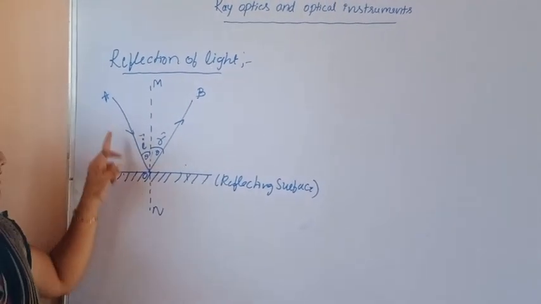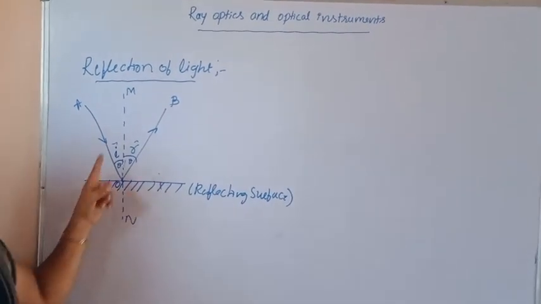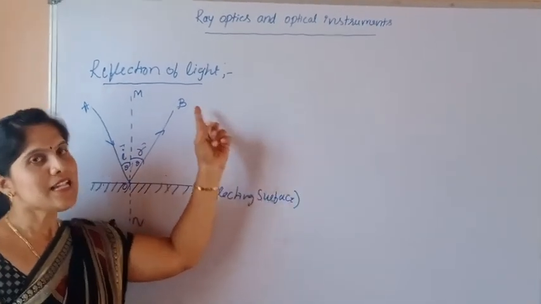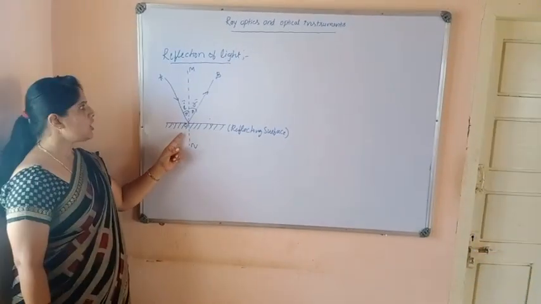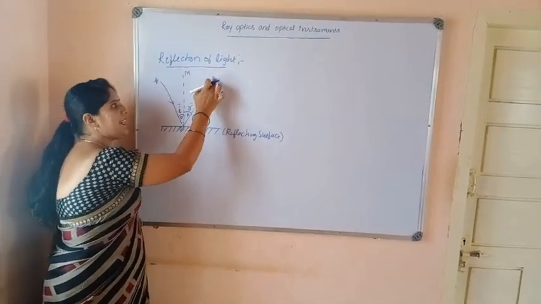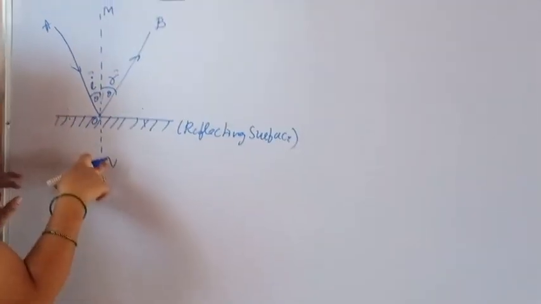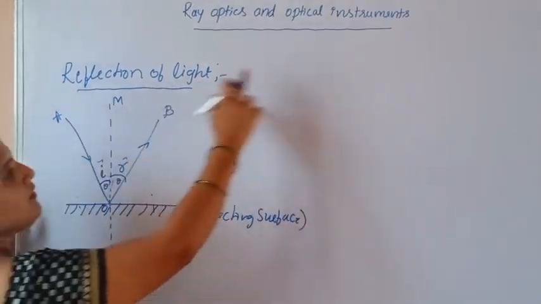When a ray of light is incident on the reflecting surface at the point O, it gets reflected back to the same medium. Is it clear to you now? In this figure, we observe that the incident ray, reflected ray and normal are all lying in the same plane, that is the plane of the board.